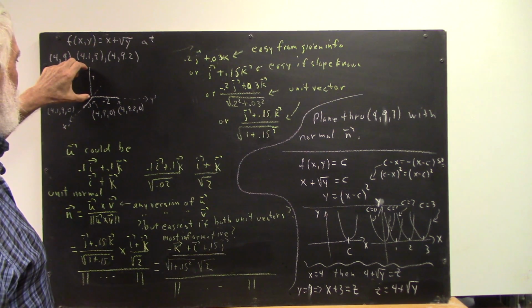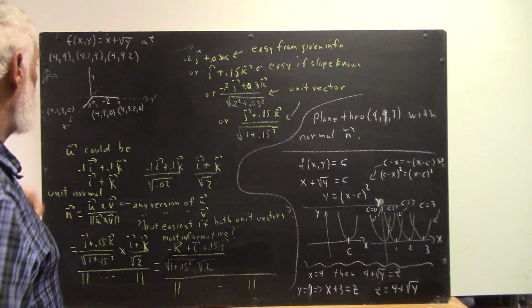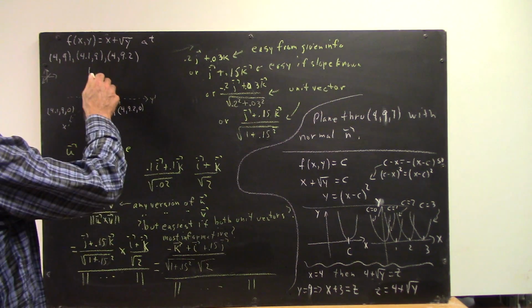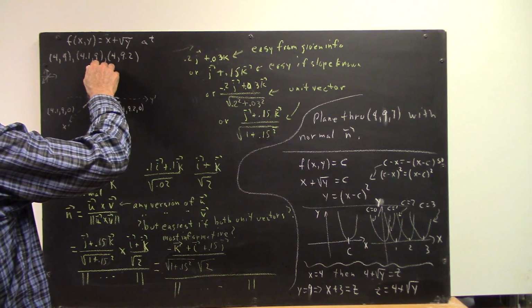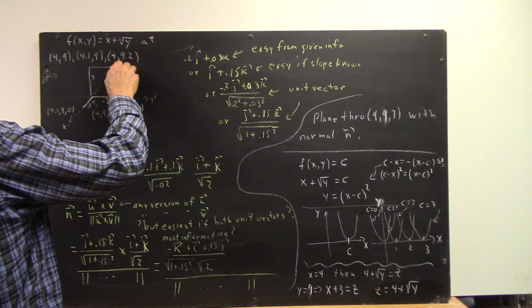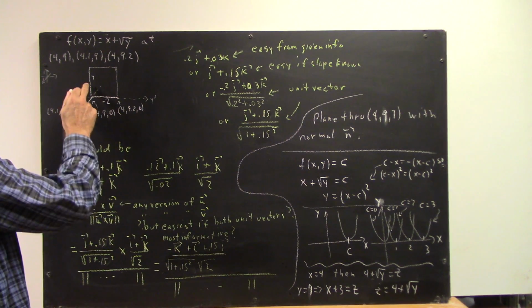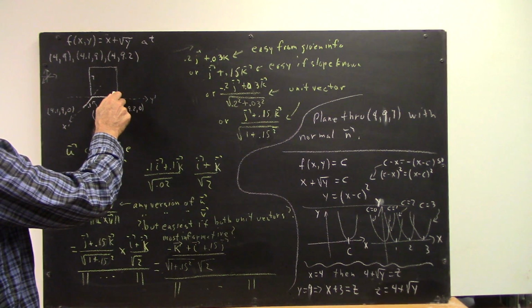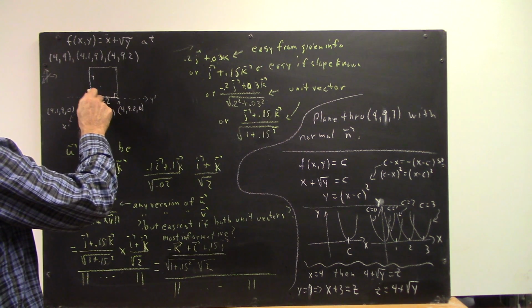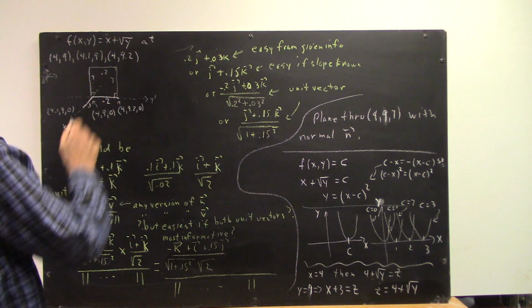This segment here would actually be several feet long. Now from there I'm going to draw the rest of a rectangle, a 7 by 0.2 rectangle, making right angles with the coordinate axes. So we have 7 here, we have 0.2 up here.